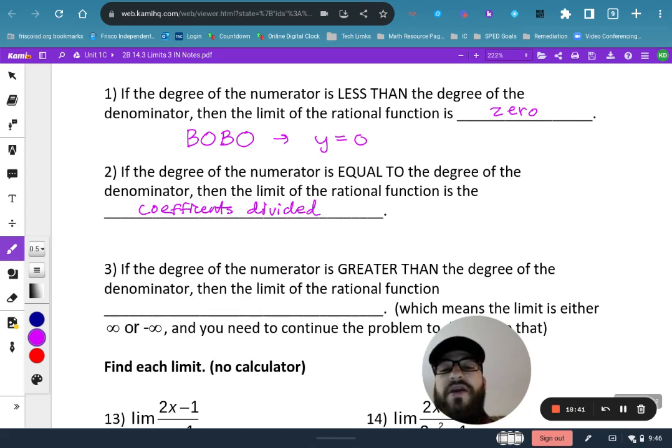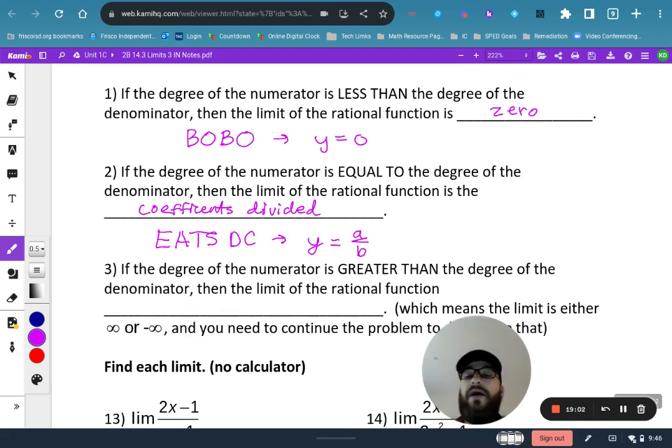Because remember, if they are equal, that's our EATS. Which means our horizontal asymptote is y equals a divided by b, whatever those coefficients are.